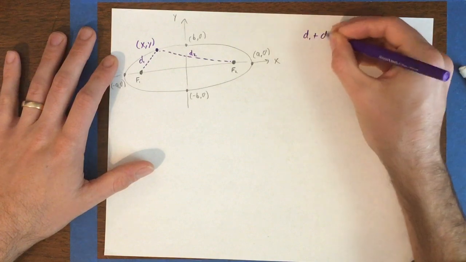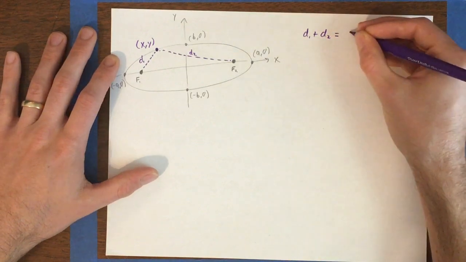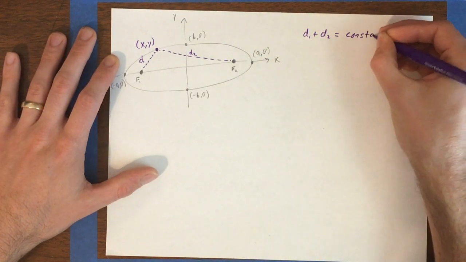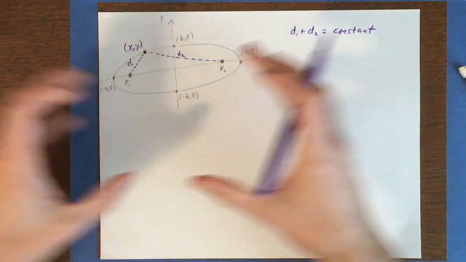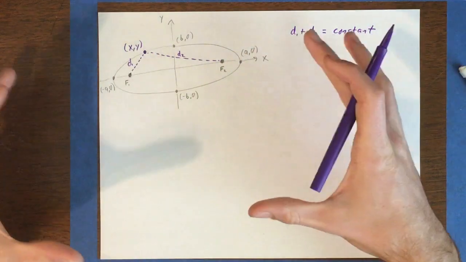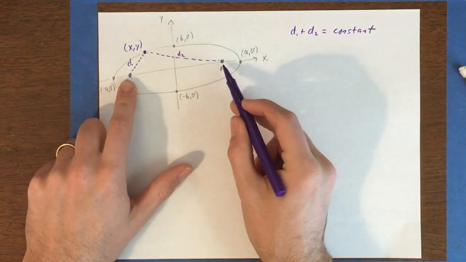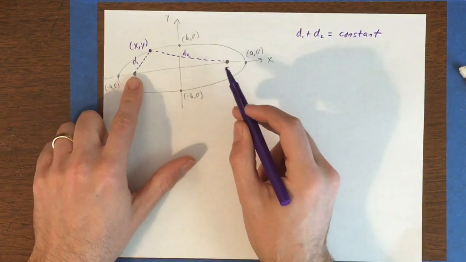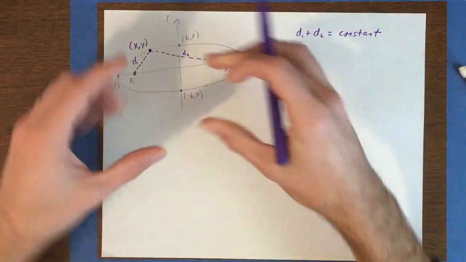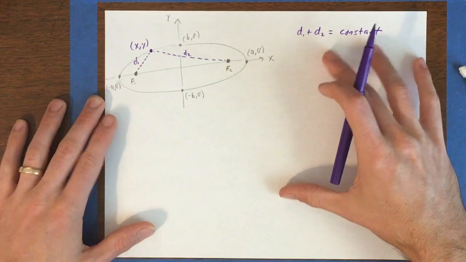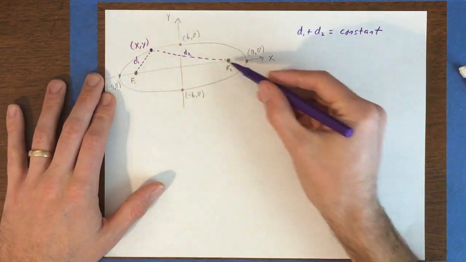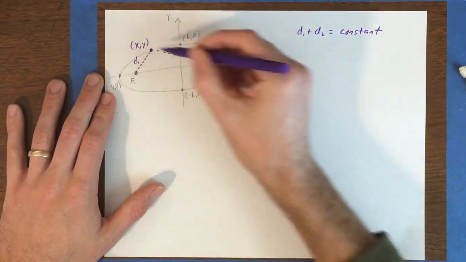Distance 1 plus distance 2 are going to add up to a constant. The value of that constant affects how big the ellipse is, as well as, of course, the location of the foci. You can keep these foci in exactly the same place, and if you make that constant bigger, the ellipse is going to get bigger, because the string will be longer, the imaginary string that connects these things together.